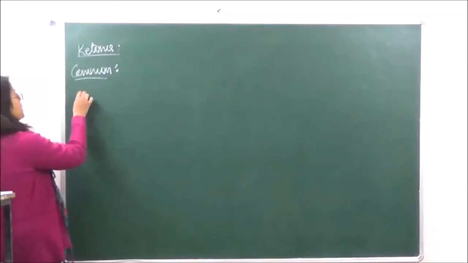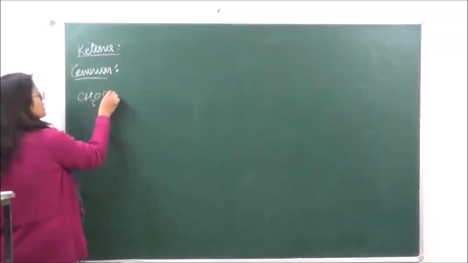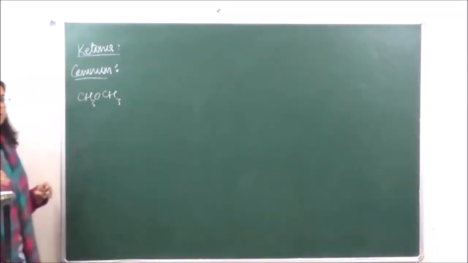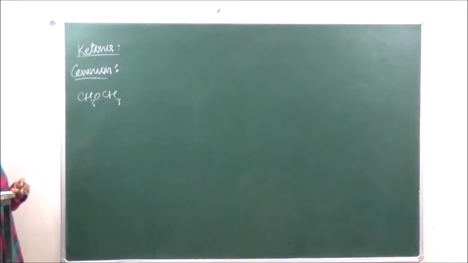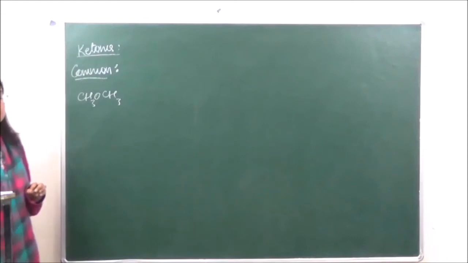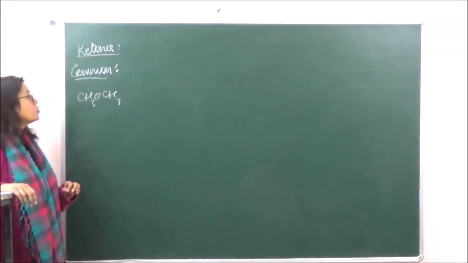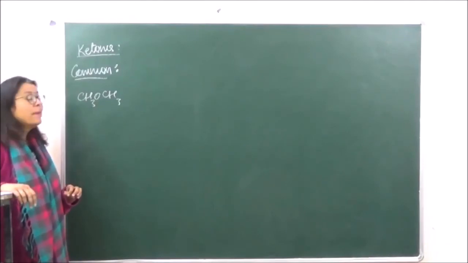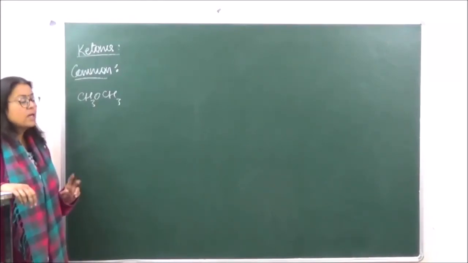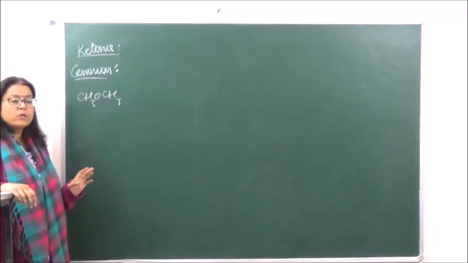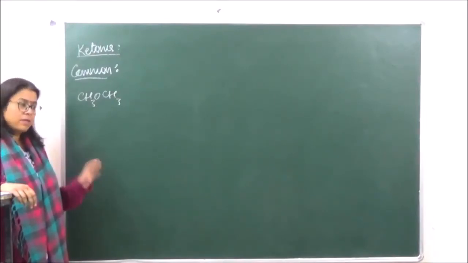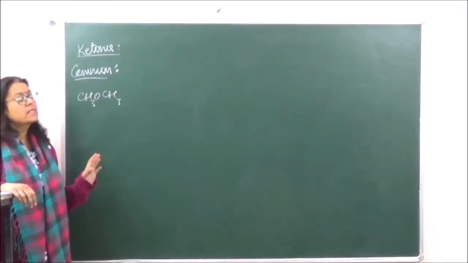For example, if we have CH3COCH3, in this case both the alkyl groups are the same. So this is going to be known as a simple ketone, or also a symmetrical ketone. When both the alkyl groups are the same, they are known as symmetrical ketones, or simple ketones.